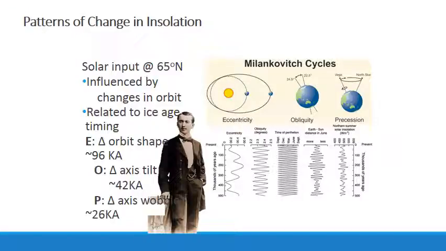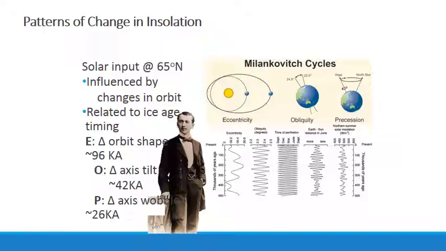The angle of the Earth's tilt, or obliquity, as Milankovitch called it, varies between 22.5 and 24.5 degrees over a 42,000 year cycle. So over 42,000 years, we go from a 22.5 degree tilt to a 24.5 degree tilt.